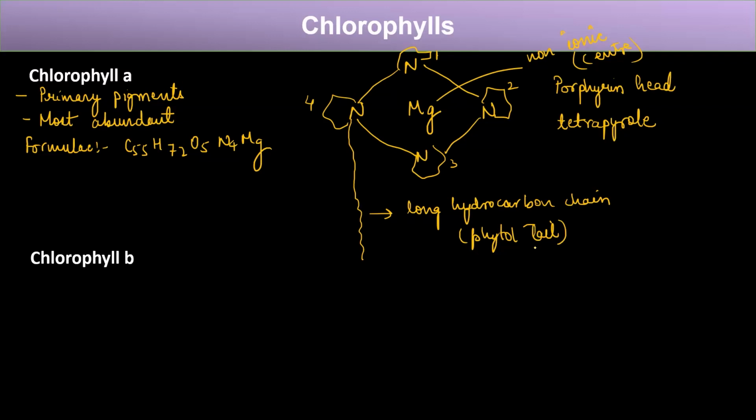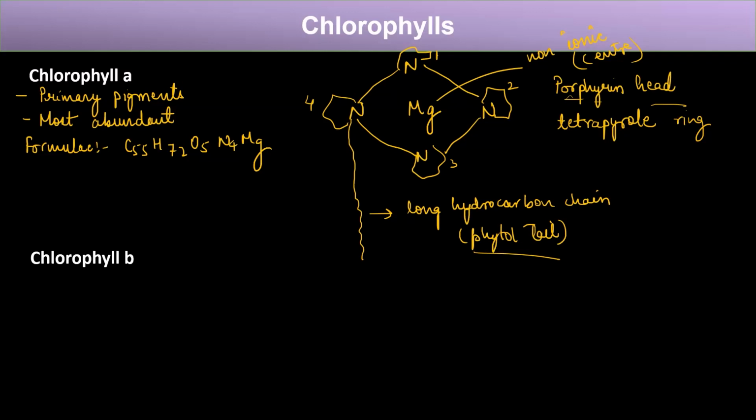So if you look at the chlorophyll structure, we have two regions, a porphyrin head and a phytol tail. The porphyrin head consists of a magnesium along with the tetrapyrrole ring, while the tail region consists of a long hydrocarbon chain that is called the phytol tail.